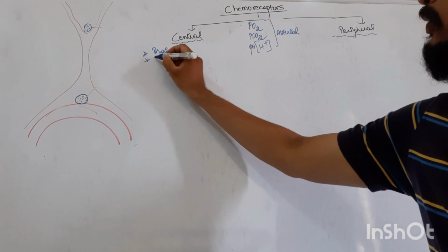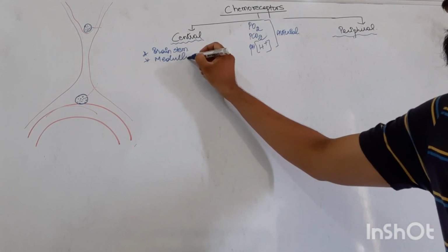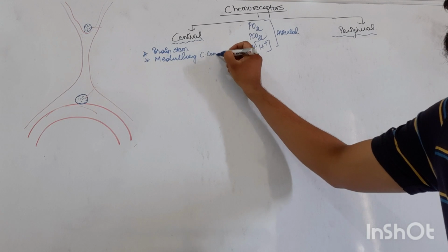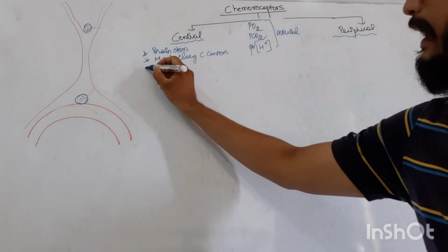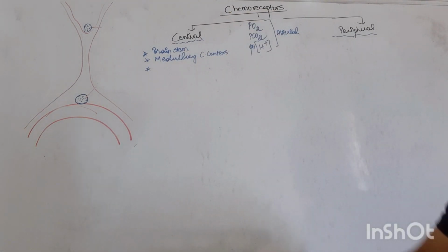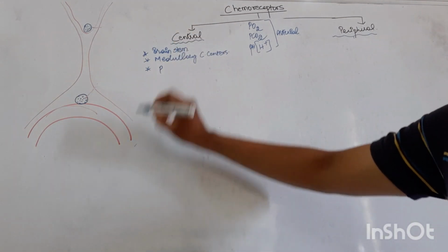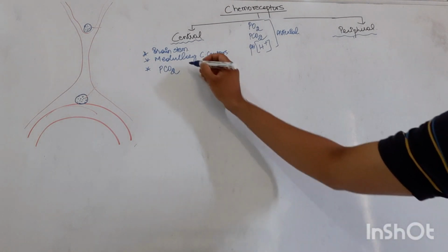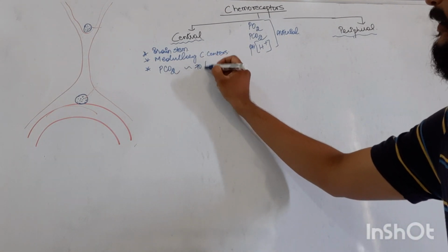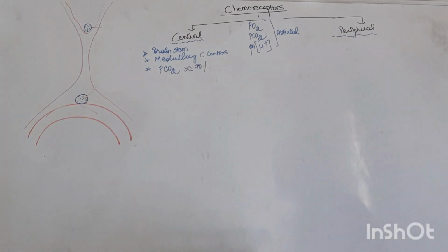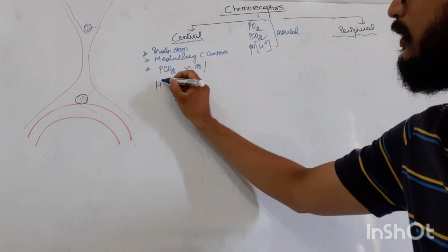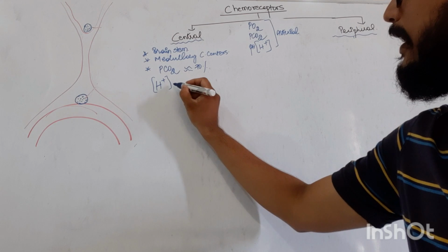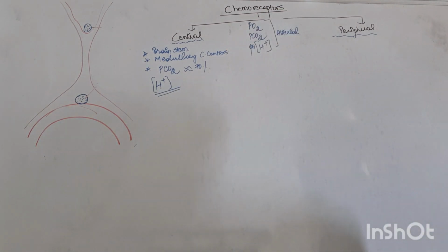They are very close to the medullary control centers, and these will detect the change, especially in the partial pressure of carbon dioxide. More than 70% of the change is detected by the central chemoreceptors. They are much more sensitive to the carbon dioxide induced hydrogen ion concentration.